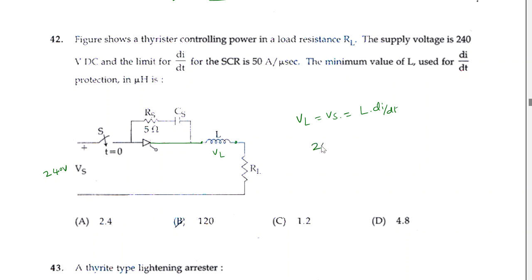So 240 is equal to L into di by dt, which is already given as 50 amperes per microsecond. Now L will be equal to 240 divided by 50, in volts times microseconds per ampere. Its equivalent value will be 4.8 microhenry. So the answer is D here.